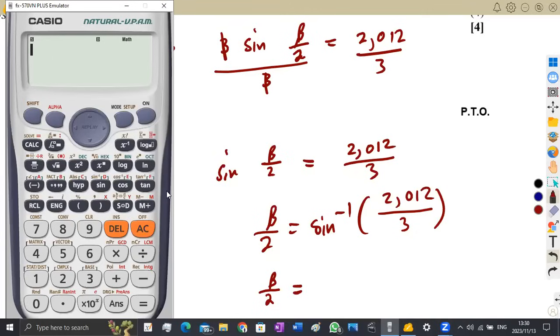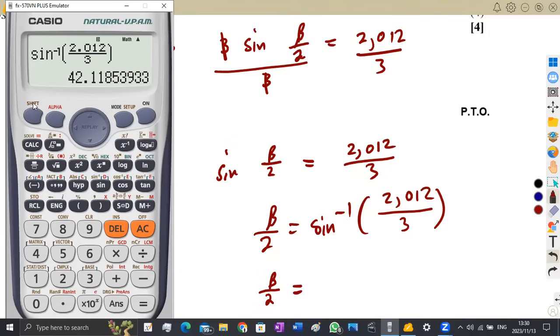So let's see, arcsine. We are going to have the fraction in that case, so just put a fraction there, 2,012 over 3 like this. All right, so we're going to close our bracket, which means we are going to have 42,118 and so forth.